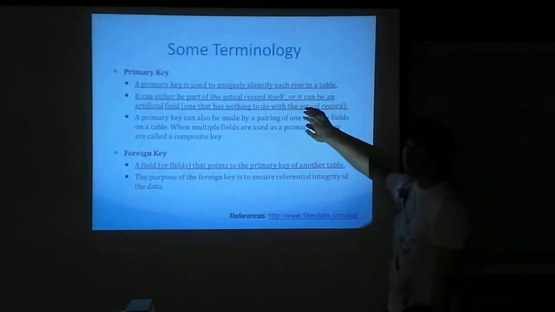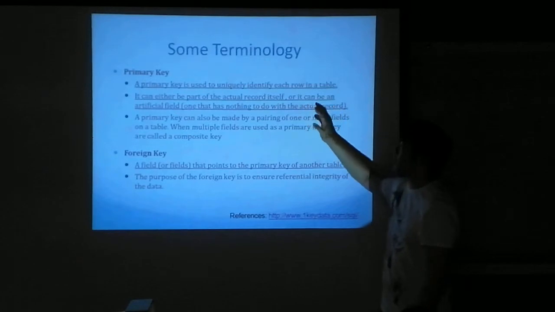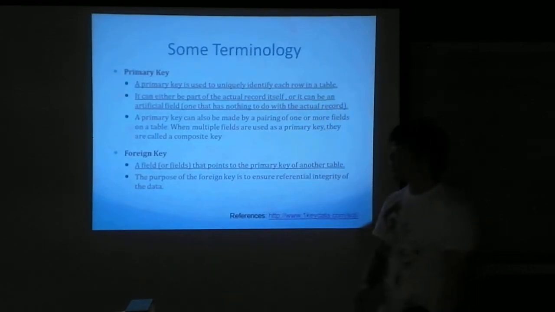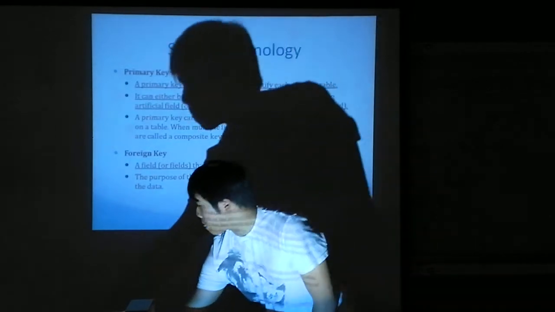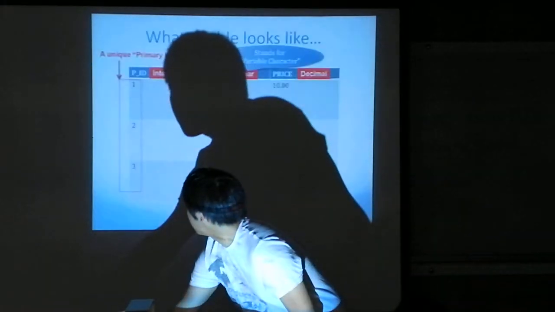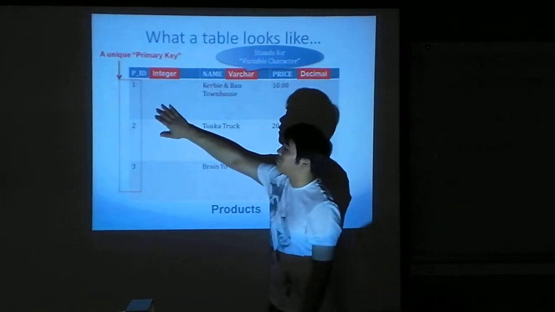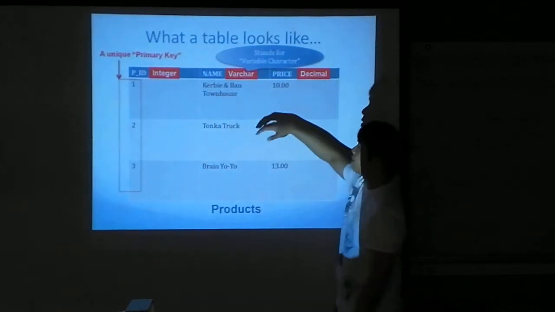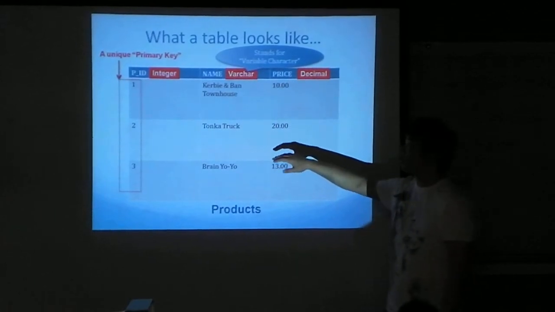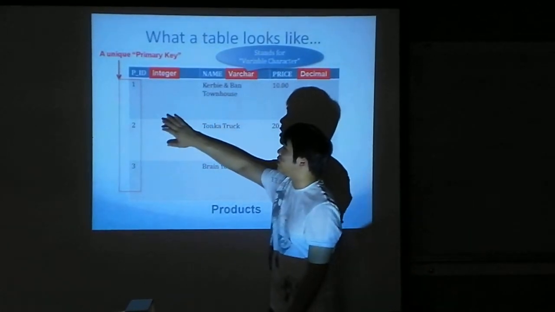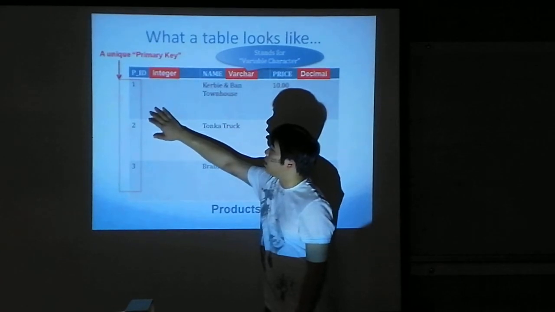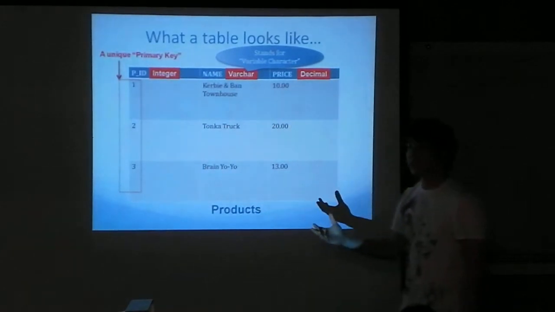One interesting thing is that it can be part of the record itself, or it can be an artificial field. What I mean by that is, if you look back up here, this identification doesn't actually have to relate to whatever your table is about. The key thing is that this column is some sort of unique identifier.